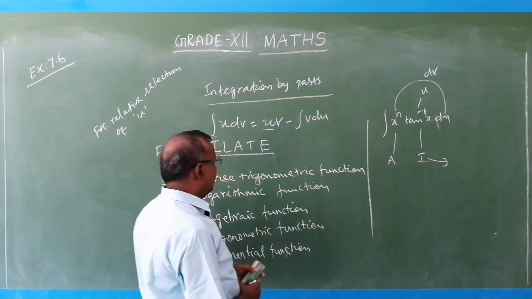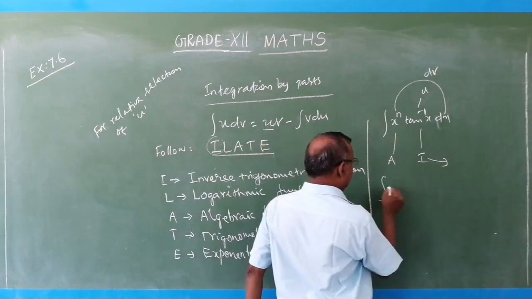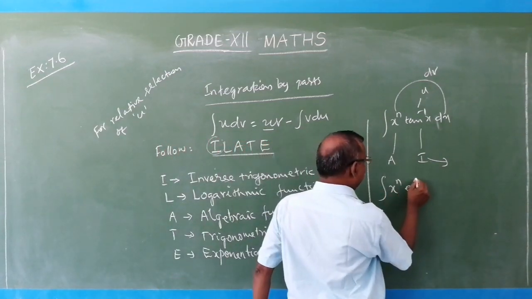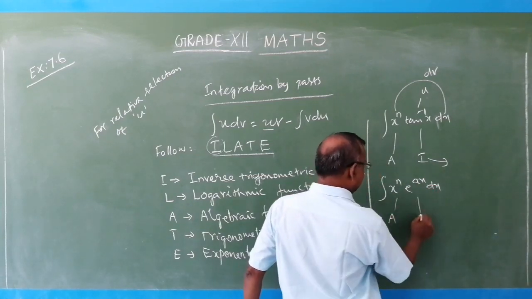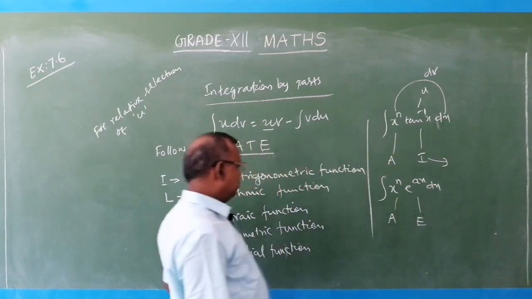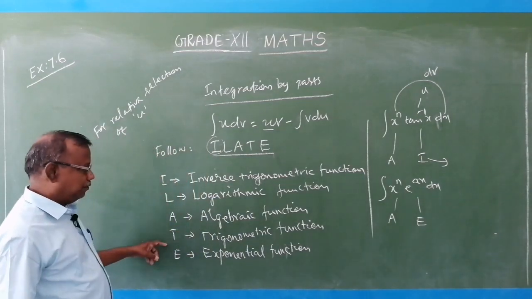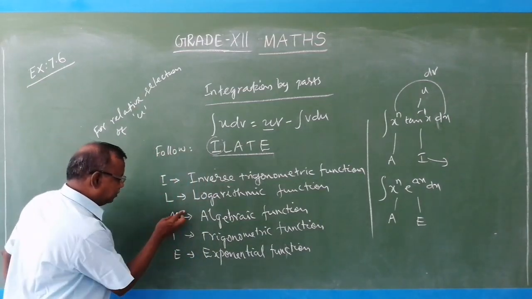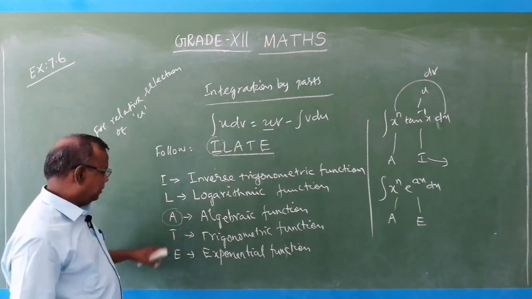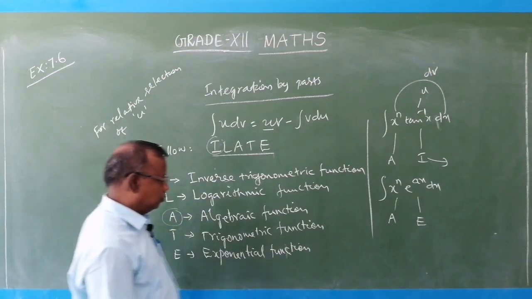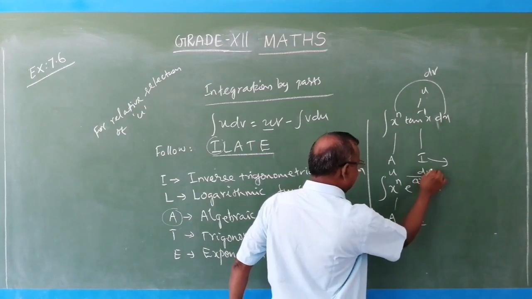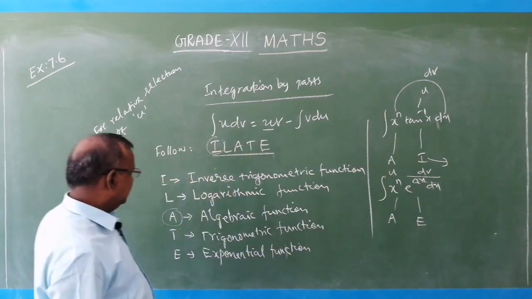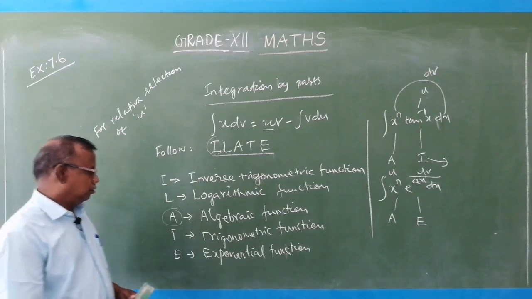Check another one, x power n into e power ax into dx. This is algebraic and this is exponential, so we prefer algebraic function for u. Take this as u and the remaining as dv. This is the method we have to follow.